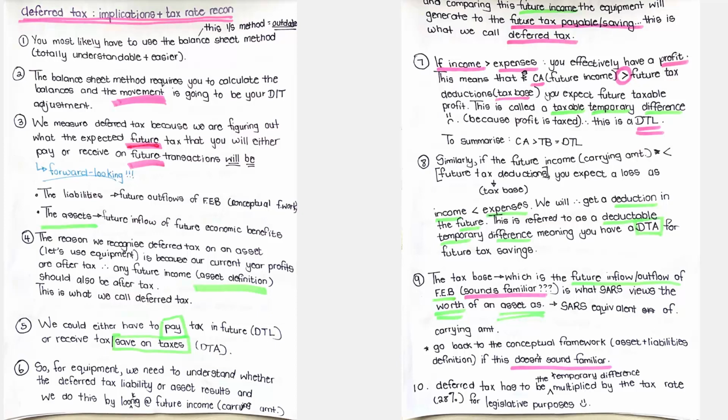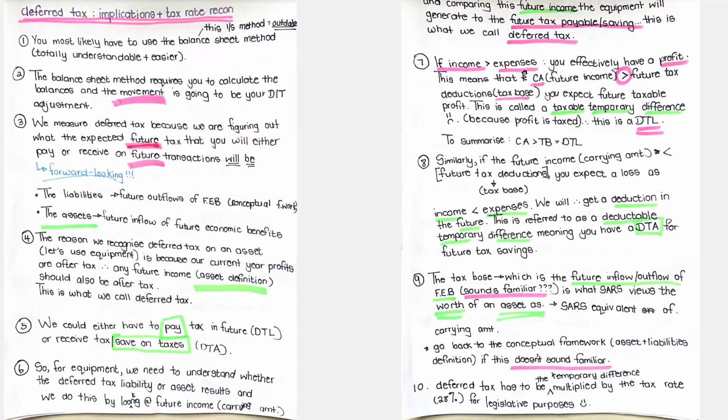And this discrepancy in our after tax now versus our after tax in the future is what we call deferred tax. So we are deferring our tax payments or tax receipts into the future, and we need to understand what we're going to be paying in the future as a business.